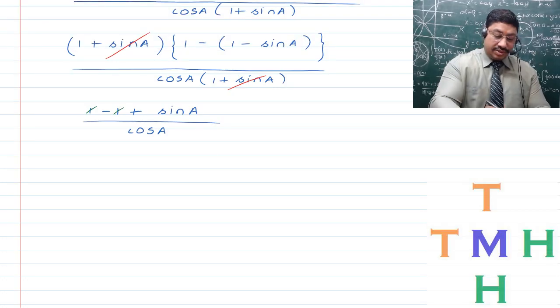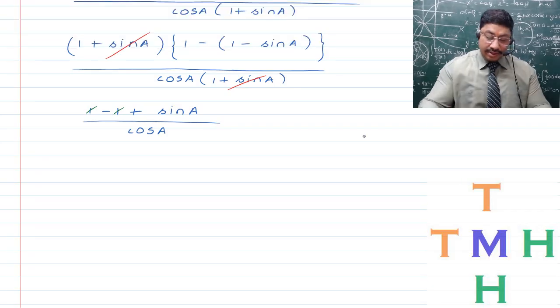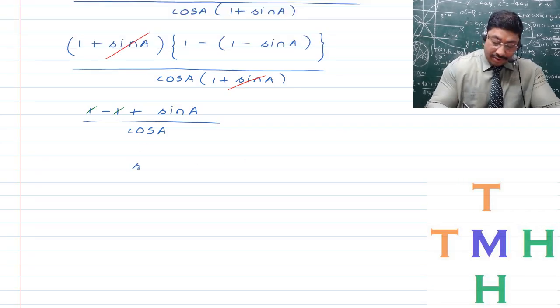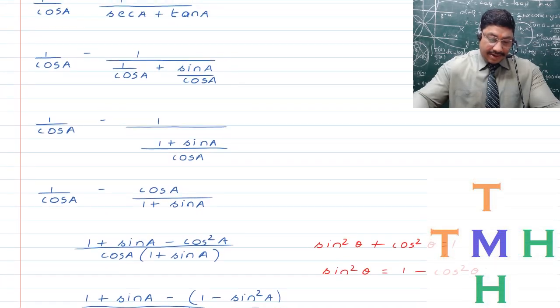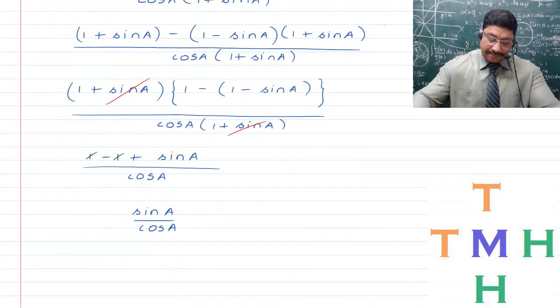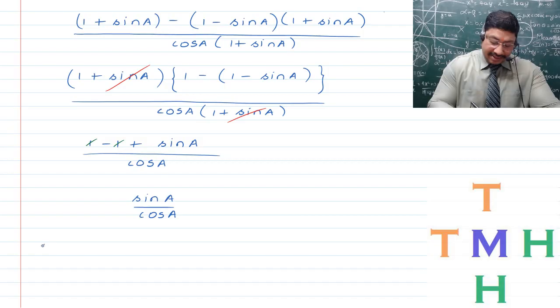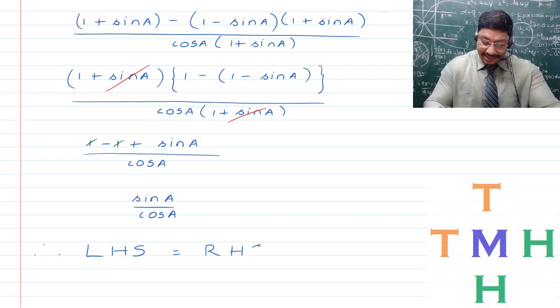Next you will just be left with sin A upon cos A, and that is just the same as what you were left with in the left hand side, remember, sin A upon cos A. Therefore the left hand side has come equal to the right hand side, and thus this stands proved.